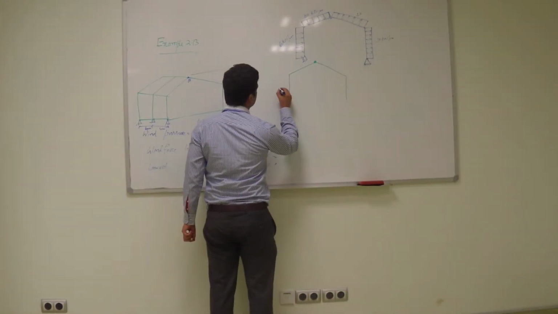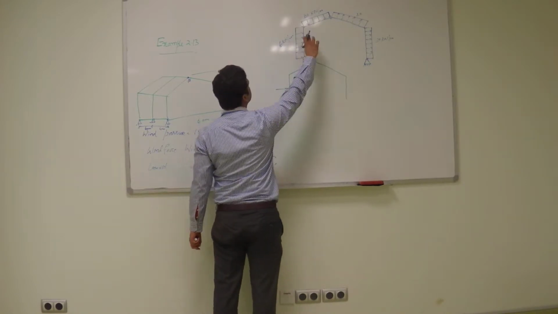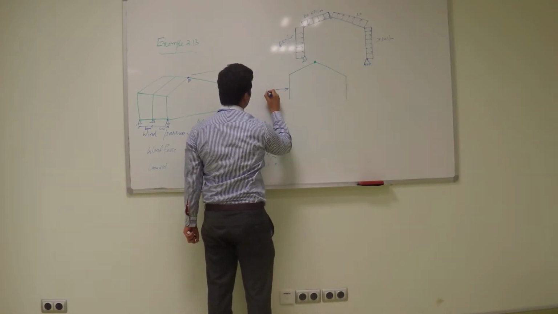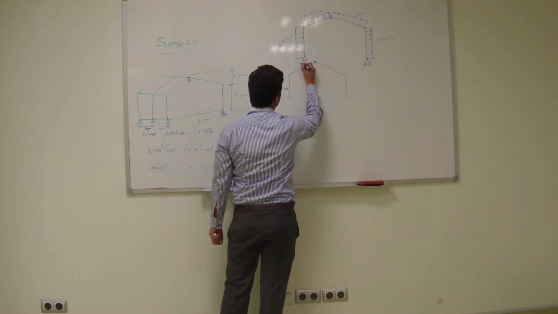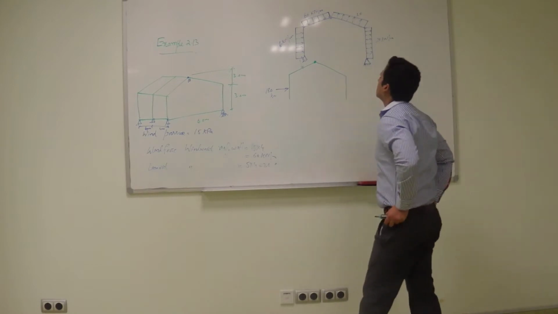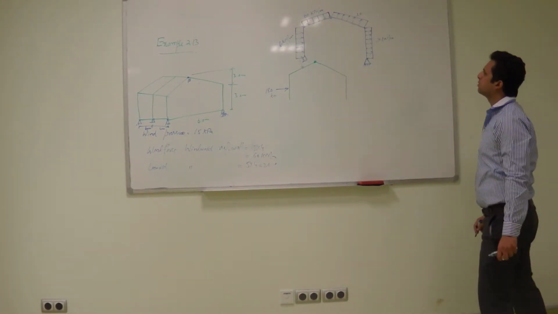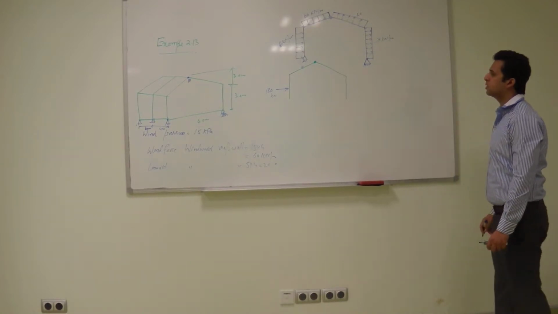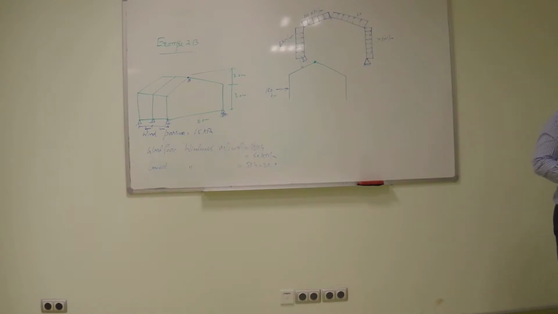So you want to convert those loads into point loads. Here we have 60 into 3, 180 kilonewton. Here, at 45 degrees, how much is the length? Square root of 3 square plus 3 square.